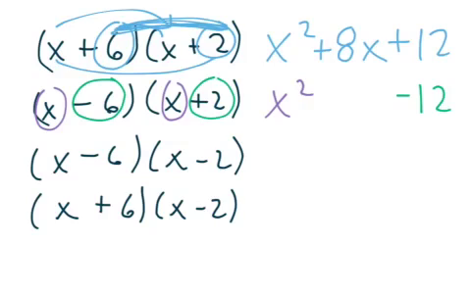And then what is my x going to be in the middle? Well, follow the red, isn't negative 6 plus 2 just simply negative 4x? Ta-da! We just multiplied those expressions together without doing all that distributive property.